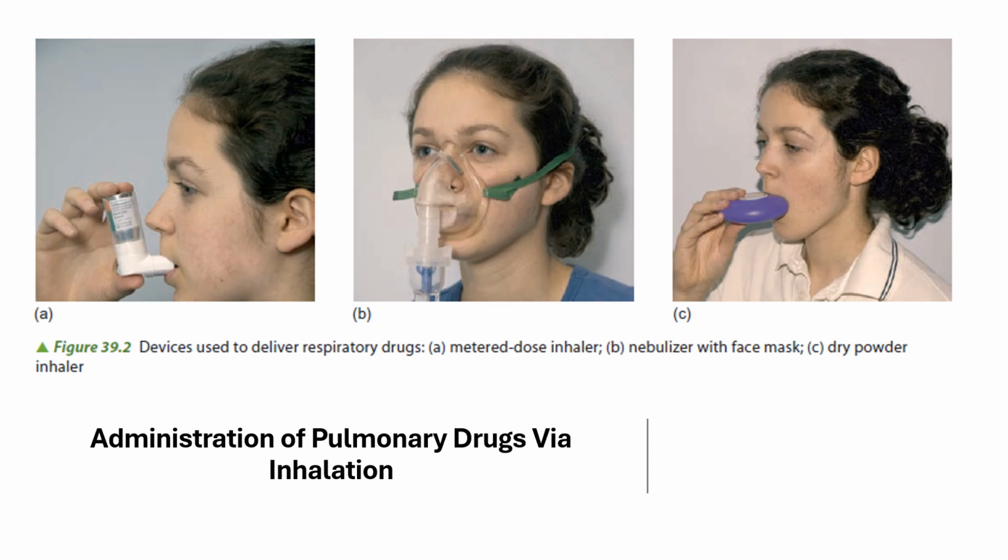The major advantage of aerosol therapy is that it delivers pulmonary drugs to their immediate site of action, thus reducing systemic side effects. To produce an equivalent therapeutic action, an oral drug would have to be given in higher doses and be distributed to all body tissues.